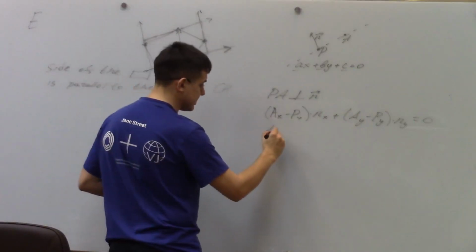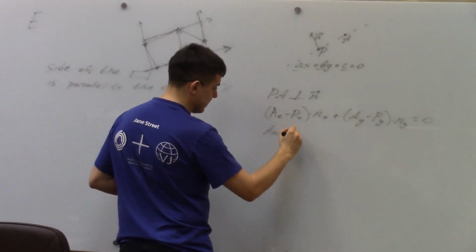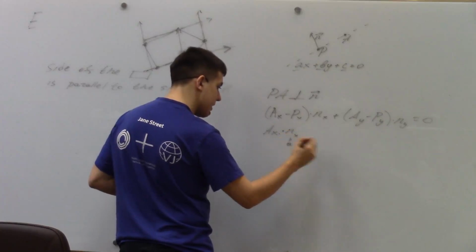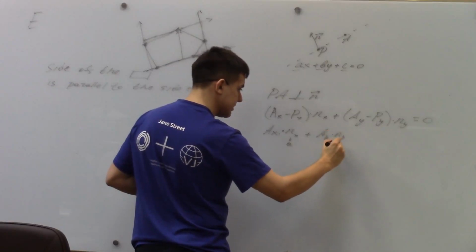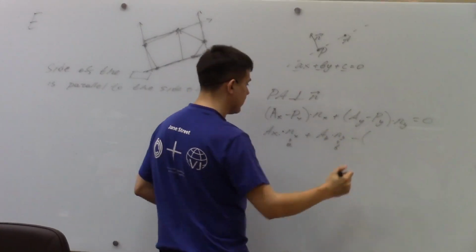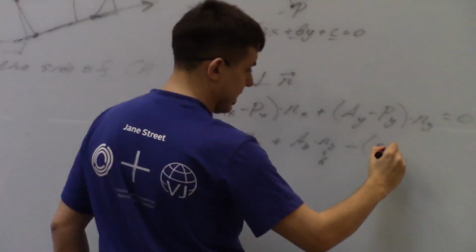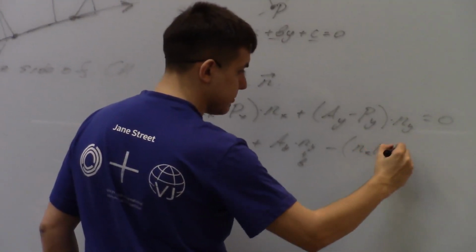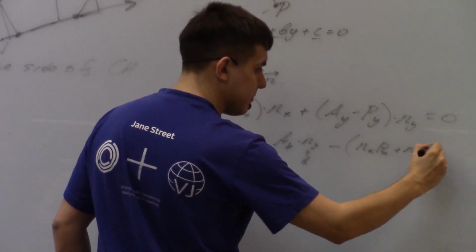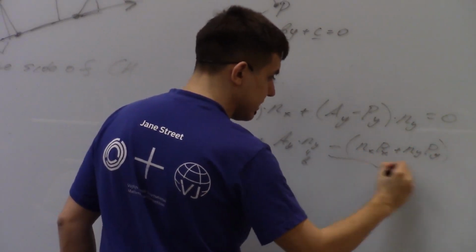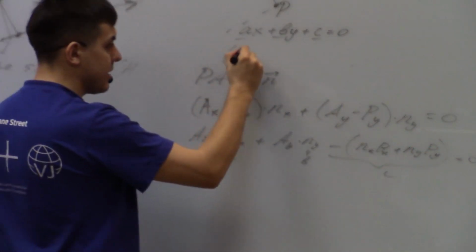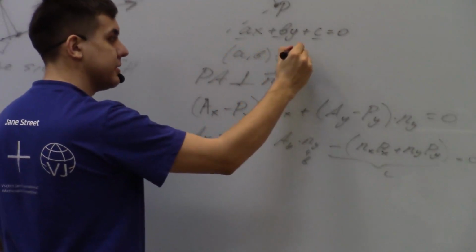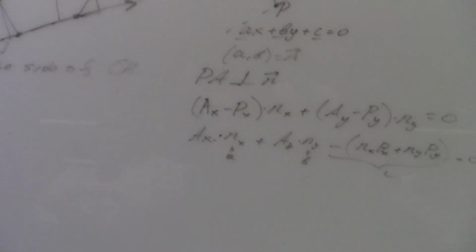So it's AX times NX, this is A, plus AY times NY, this is B, minus (NX PX plus NY PY), this is C. So basically AB is a normal vector to the line. In case you didn't know, this is convenient knowledge.